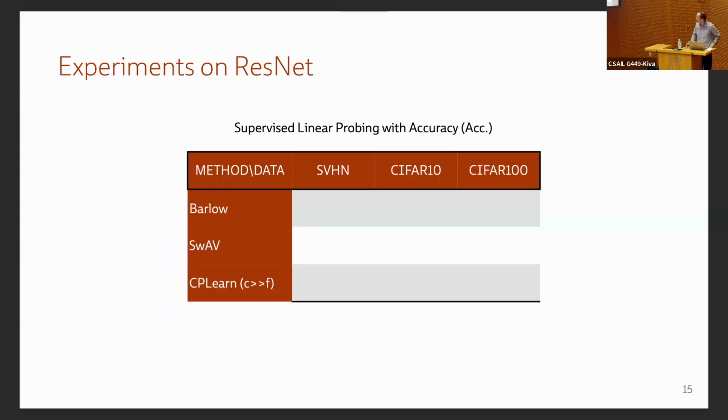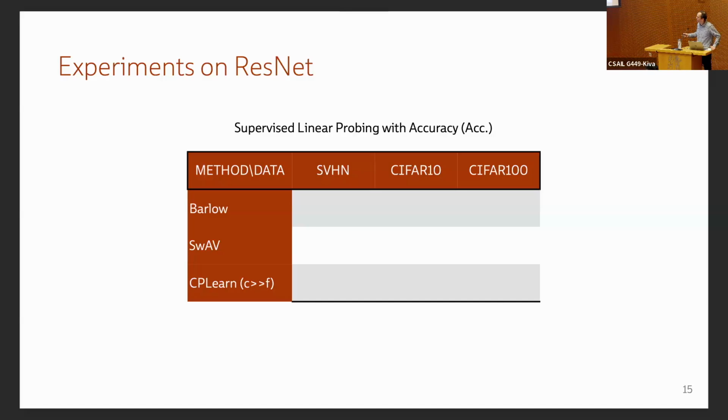Now, let's start first from the linear classification. What we do here is that we use a simple ResNet architecture. We train on some simple data sets like SVHN, CIFAR10, and CIFAR100. And we compare with different methods. Here I report the main ones. In the paper, there are different baselines.